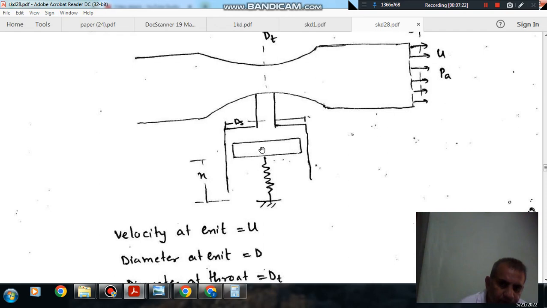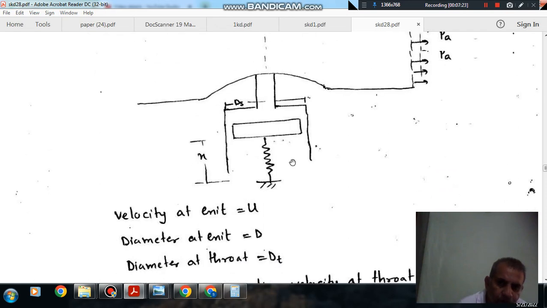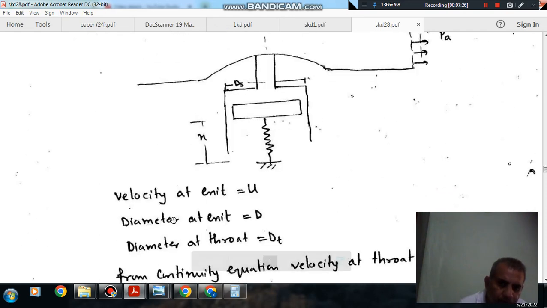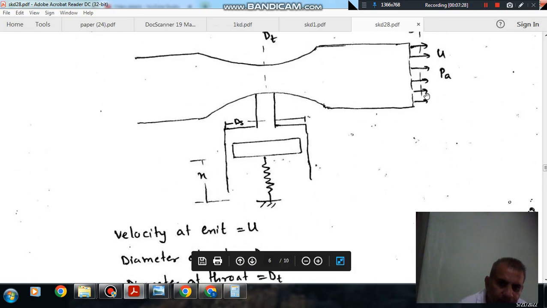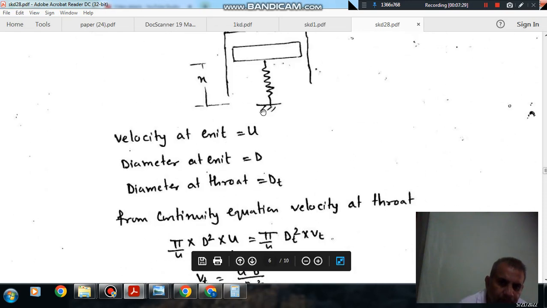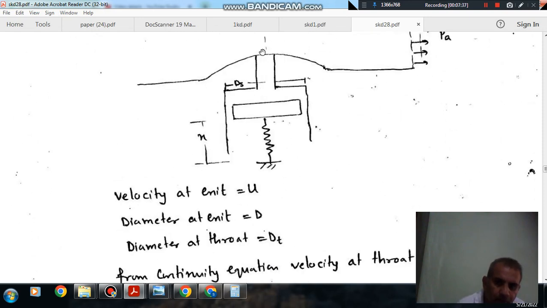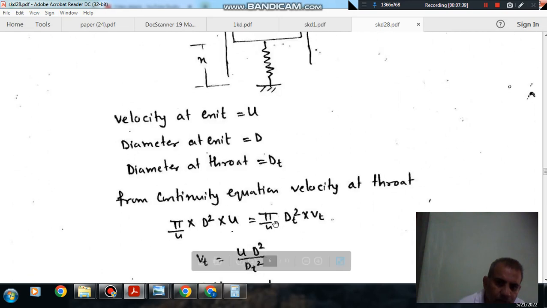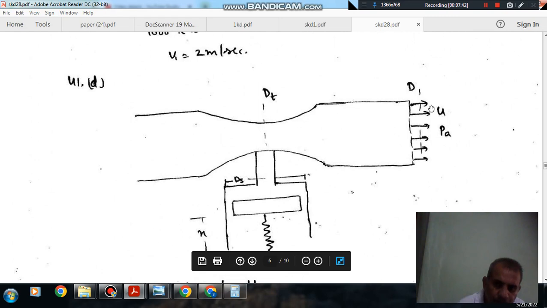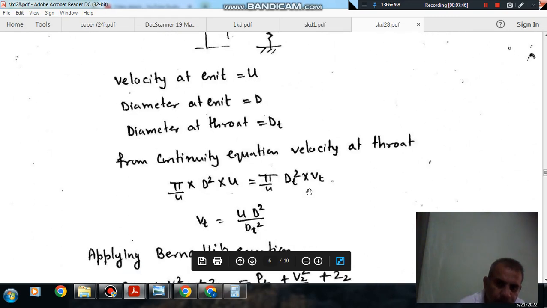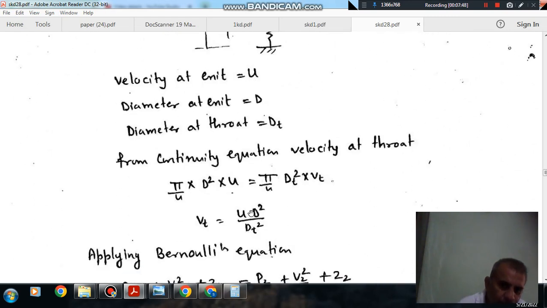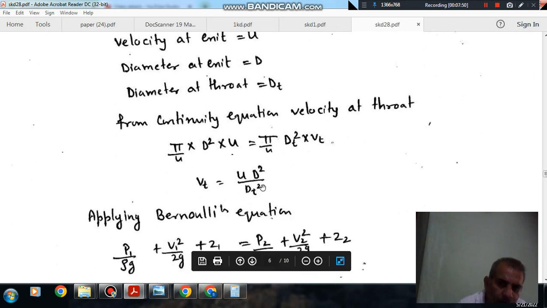This is your piston, and u is the velocity at exit, and d is the diameter at exit. dt is the throat diameter. From the continuity equation, pi by 4 d square u is equal to pi by 4 dt square Vt, where Vt is the velocity at throat, so Vt will be d square by dt square times u.